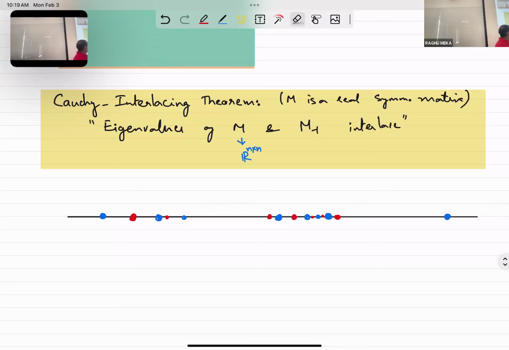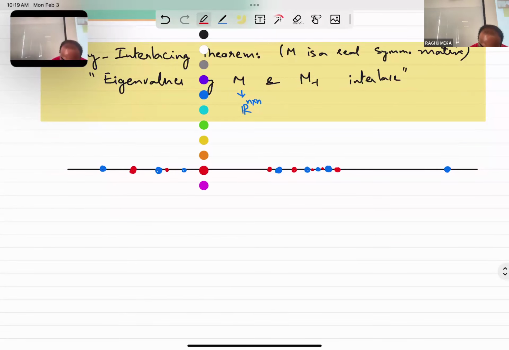So there are exactly n minus 1 intervals, right? If you put n points, there are n minus 1 gaps, and the eigenvalues of M minus 1 should hit every one of those gaps if they're distinct. If something is a multiple eigenvalue, then that basically means that the red dot should lie on the blue dot. Right? It's like these two are getting shrunk, so this one should still be in the gap. So that means it exactly is one of the dots. Okay. So the way to write it formally is, remember we had this ordering of eigenvalues.